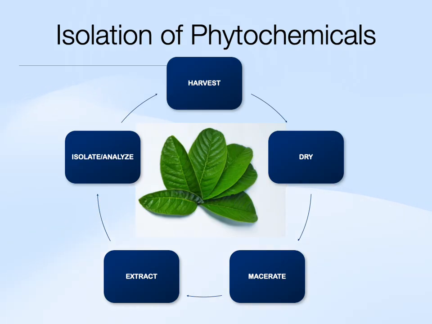The isolation of phytochemicals entails a number of steps. These steps include the following. Starting with identification of the plant part to be studied, a harvesting phase is undertaken.